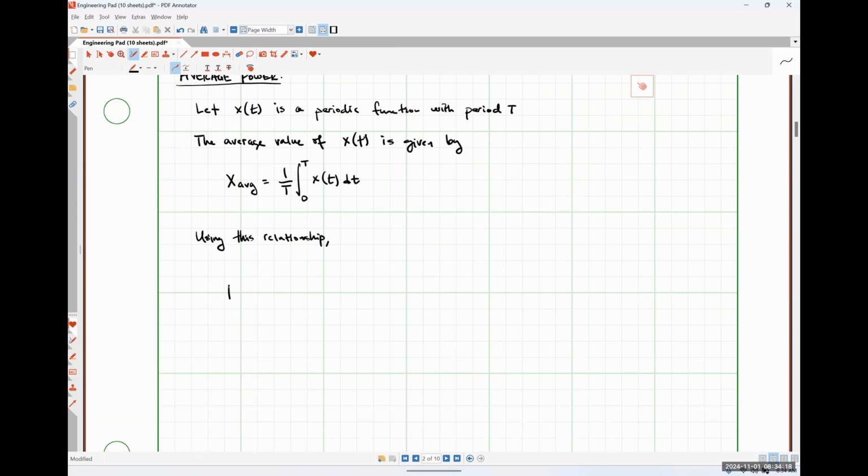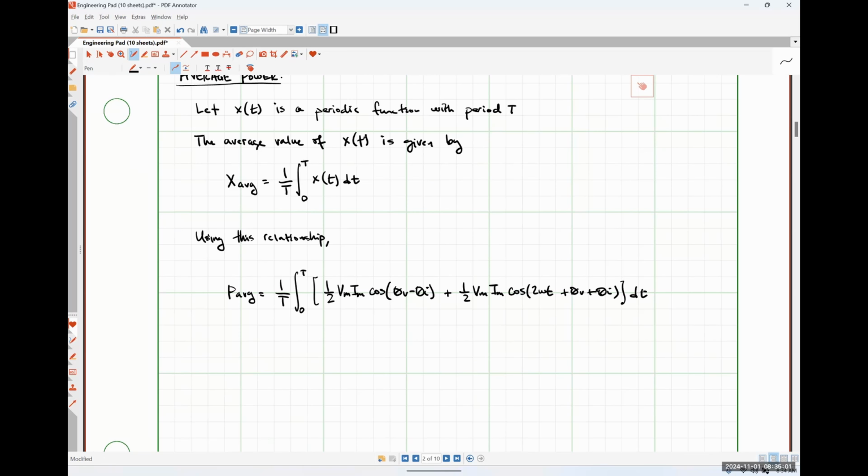So our average power, P average, would be 1 over our period, and we'll sort this out in a moment if we need to, times the integral over 1 period of 1/2 times the magnitude of our voltage times the magnitude of our current, cosine of theta v minus theta I, plus 1/2 magnitude of the voltage, magnitude of the current, cosine of twice omega t plus theta v plus theta I. All of this integration is occurring with respect to time.